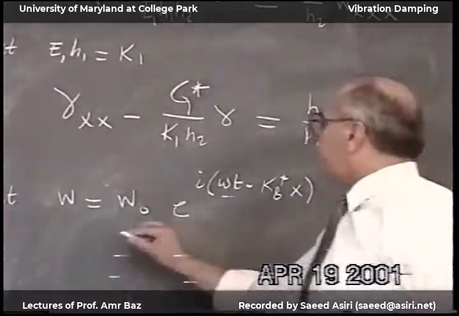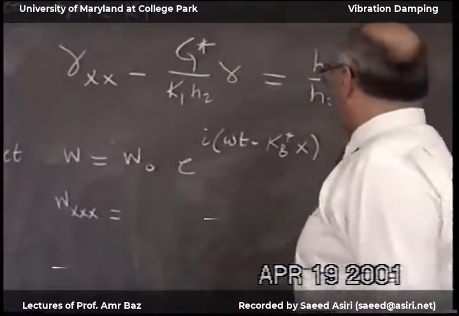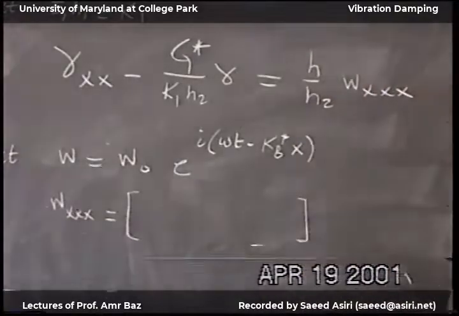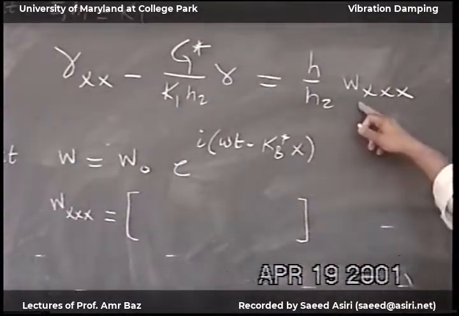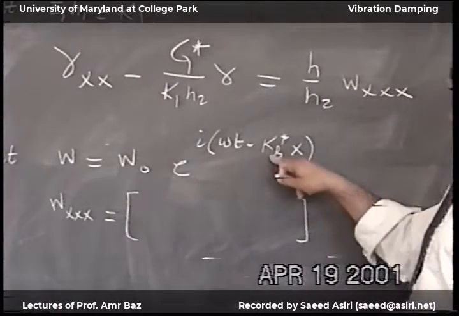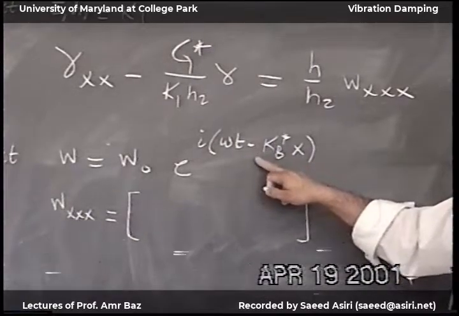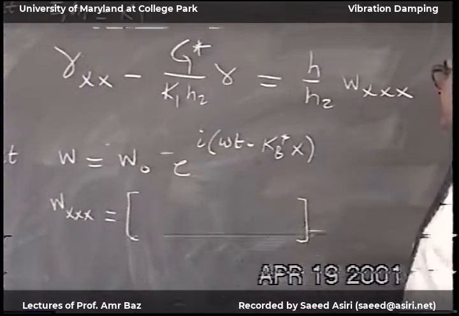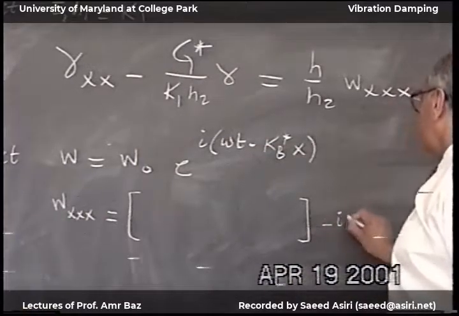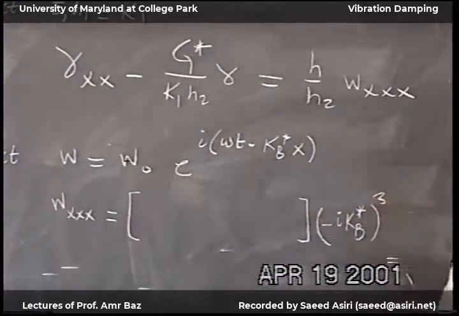Okay, so this will give us W 1, 2, 3 will equal to this whole thing as it is, and then the derivatives 3 times with respect to x. So I'll have I, K, B 3 times, and all of them are minuses. So we'll have minus I, K, B, asterisk, cubed.